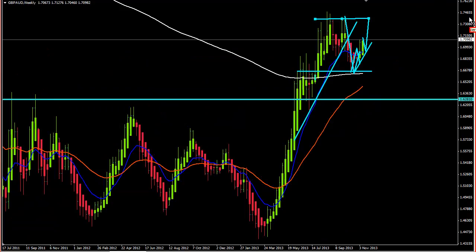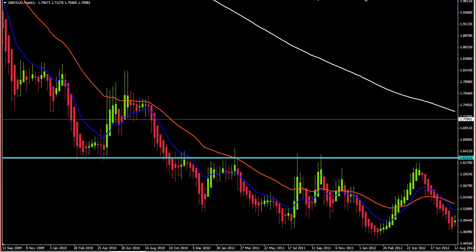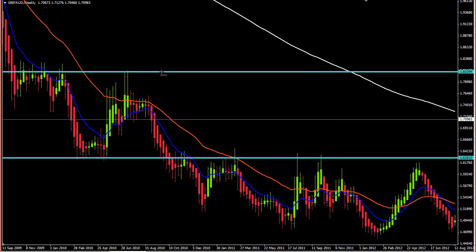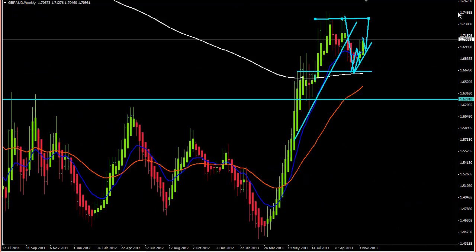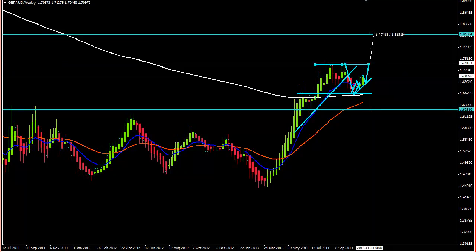If the price really wants to break that, it could go up to here, hopefully to here, or later on up to here, 1.81. That's about 700 pips.